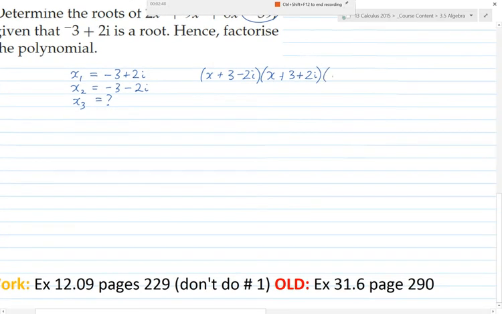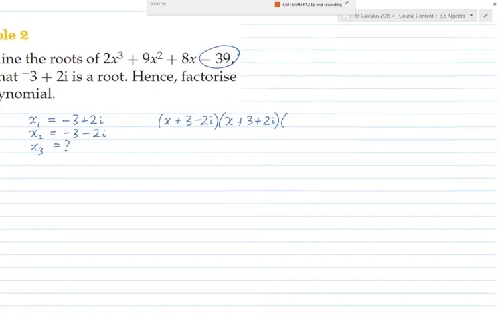The third factor is going to have to be 2x because our leading term has a coefficient of 2. So it's going to be 2x minus something, and that something will multiply with these parts to make 39. You can form a little equation here.